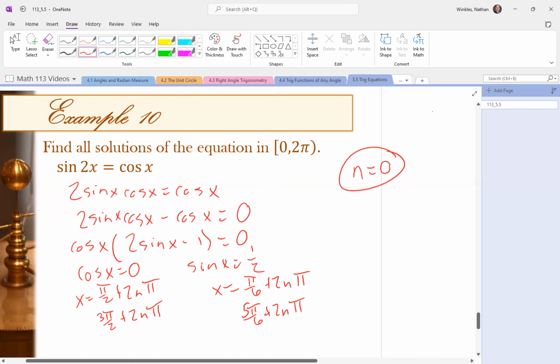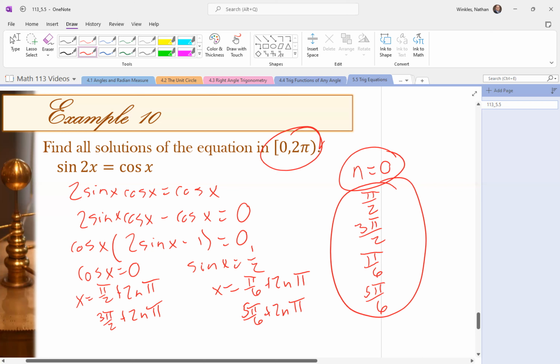When n equals 0, we have pi over 2, 3 pi over 2, pi over 6, and 5 pi over 6. If we add 2 pi to any of those, we're outside of our given interval. So therefore, we have nothing else that we can do there that will give us any more solutions.